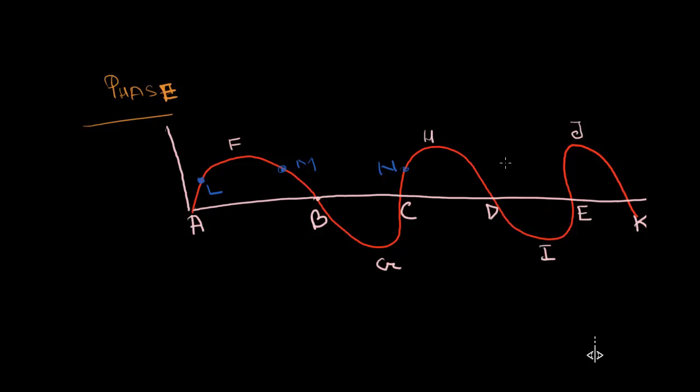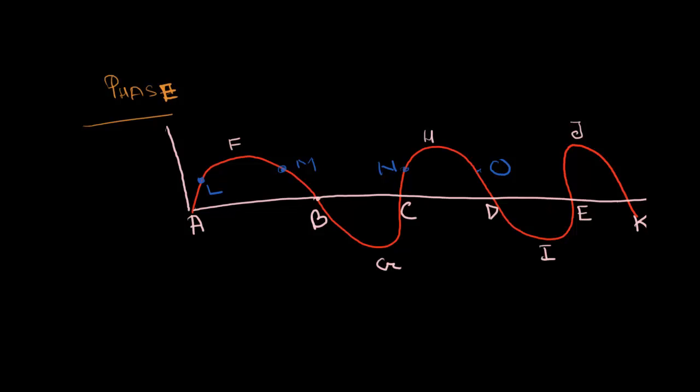N, then this is O. Now when two particles are in the same phase, that means the displacement from the rest mean position, of course, and the direction of motion is same. That means the particles A, B, see, for both of them the displacement is same but the direction is opposite, so they are not in the same phase.